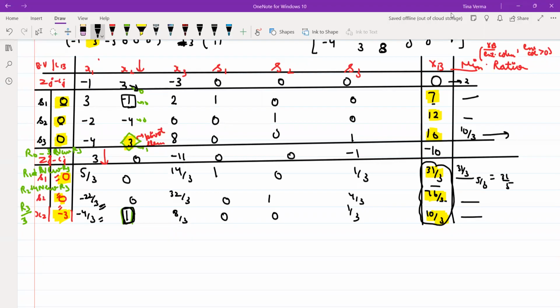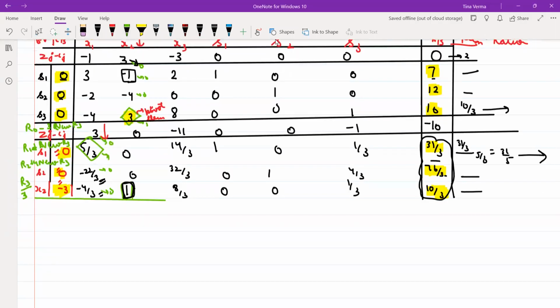So this is my leaving variable. What is the intersection of entering and leaving? Obviously this entry, this is your pivot element. This entry you have to make 1. What do you have to make the remaining entries? Apply row transformation and you will get the answer.